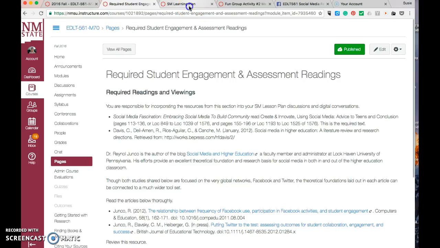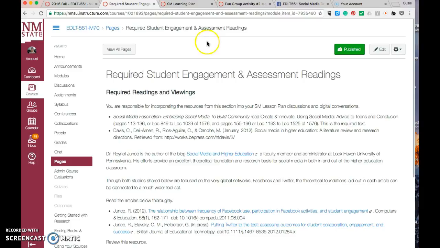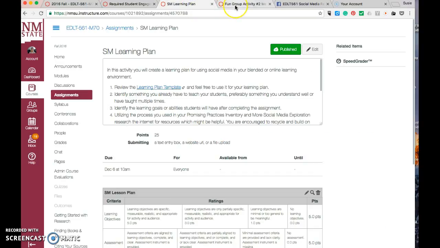So with those two goals in mind, please take some time to look at the learning plan template and actually use that to guide your discussion and the readings. It goes through the 29th, and you have until December 6th to actually submit your final learning plan. And then in the discussion you are posting it, sharing it, giving feedback, and getting feedback on your learning plan.